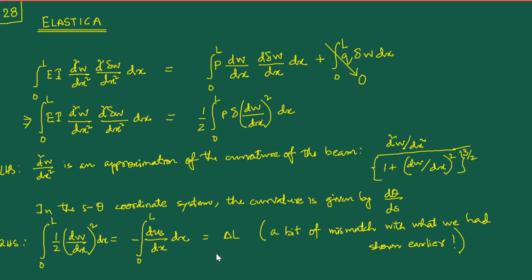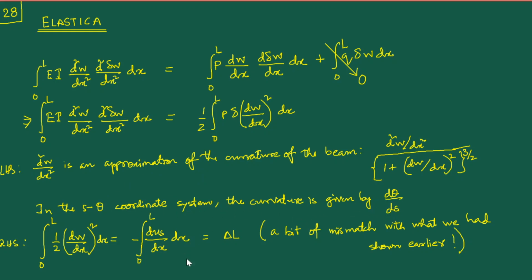Now the good news, however, is that this delta L, we have already obtained, we have already written earlier in terms of the S and theta. So you see what we are trying to get at. In the left hand side, by identifying that this d square w dx square is an approximation of the curvature of the beam, we have written that curvature in terms of the S and theta coordinate system, in terms of this d theta ds.